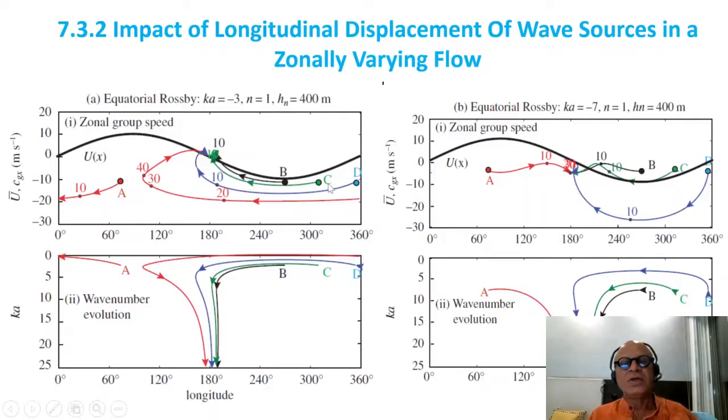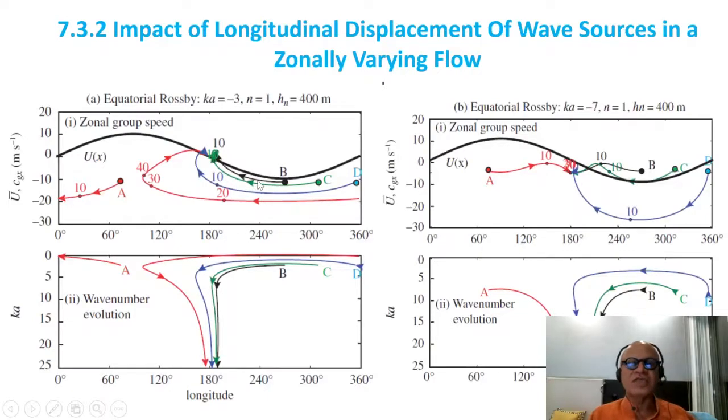So depending on where you release it along the longitude in different background states, for this wave number, you can see that released here, it's going to head towards... wave number -3 means it's a long wave, so it's going to have westward phase speed, and so you are facing easterly flow.